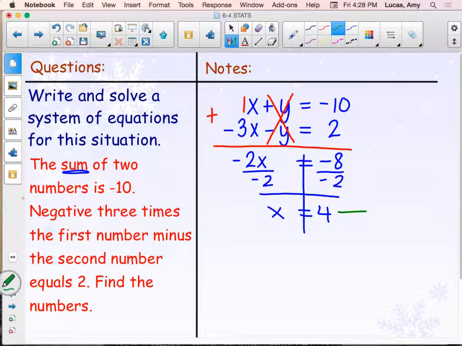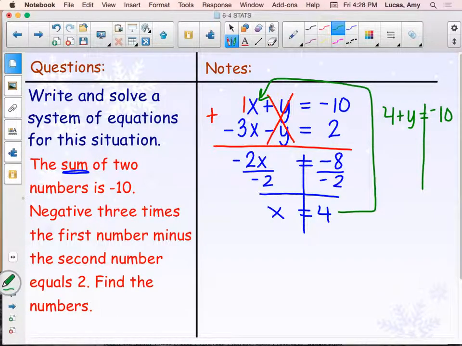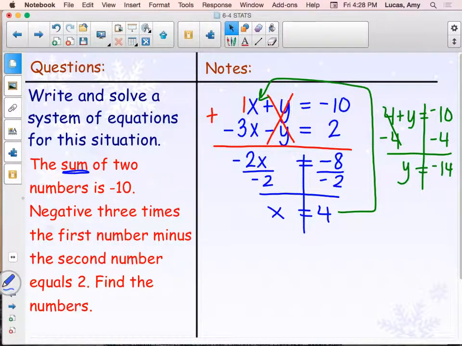Then I can take the 4 back to my original equation and plug it in. 4 plus y equals -10. So if I subtract 4 on both sides, y equals -14. So my two numbers are 4 and -14.